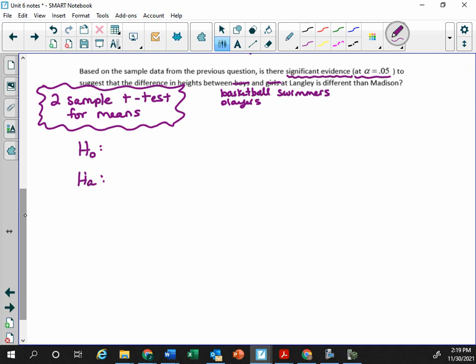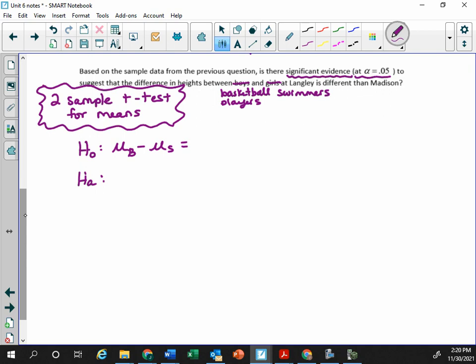All right, we are still talking about the difference between the heights of the basketball players and swimmers. So we're still talking about mu sub b minus mu sub s. Okay, the question says, is there evidence that this difference is the same between Langley and Madison or different between Langley and Madison?